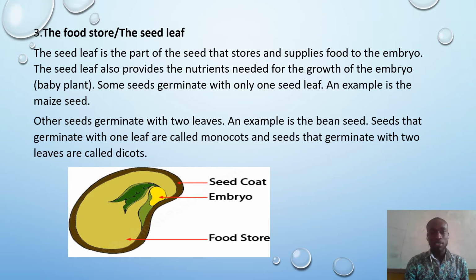Other seeds germinate with two leaves. An example is the bean seed. Seeds that germinate with one leaf are called monocots, and seeds that germinate with two leaves are called dicots. So in the image there, you can see the food store or the seed leaf there as well.